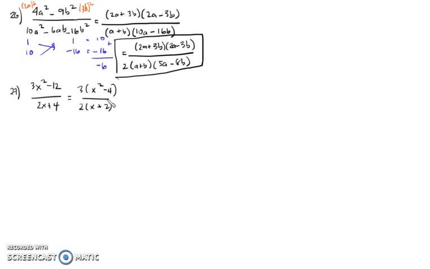But I can still further factor this, so that gives me 3 times x plus 2 times x minus 2 all over 2 times x plus 2. Then simply cancel x plus 2. So the final answer would be 3 quantity x minus 2 over 2.